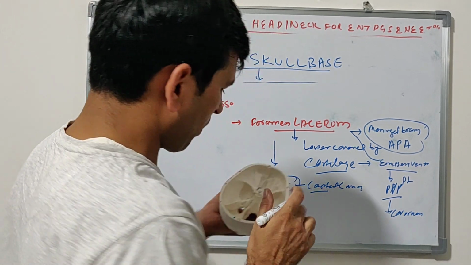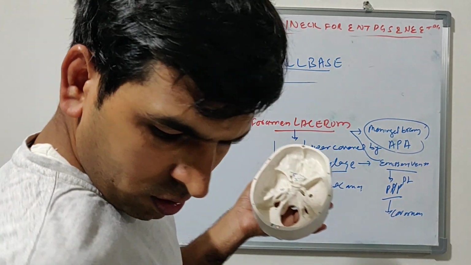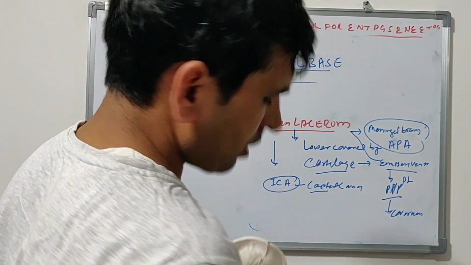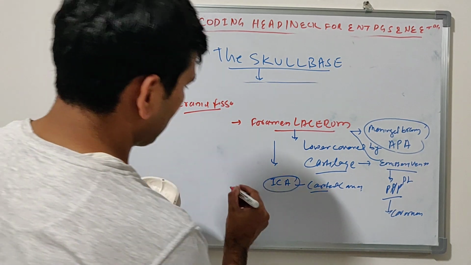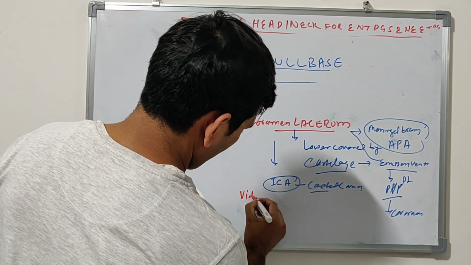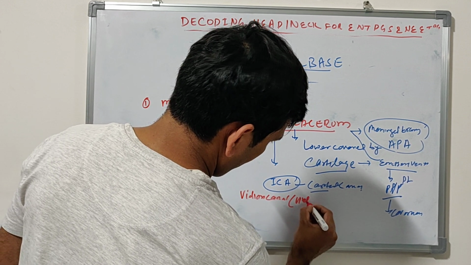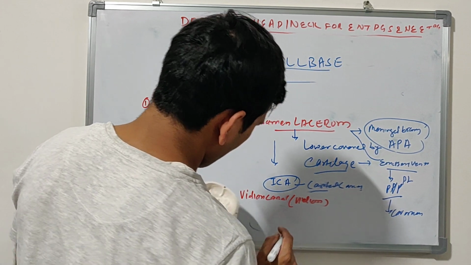Two structures open anteriorly in the foramen lacerum. If you see here, the two structures form one canal, the pterygoid canal, or you may say the Vidian canal, which has the Vidian nerve.